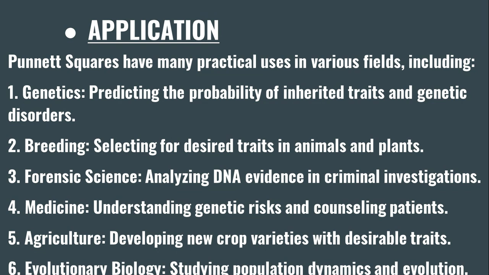Three, we use the Punnett square in forensic science, to analyze DNA evidence in criminal investigations. Four, it is also used in medicine, to understand genetic risk and counsel patients on sickle cell.